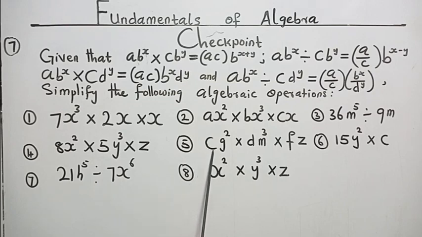And number 5, we have cg to the power 2 times dm to the power 3 times fz. Then number 6, 15y to the power 2 times c. Number 7, 21h to the power 5 divided by 7x to the power 6. Number 8, that's the last one, that is x to the power 2 times y to the power 3 times z. Of course, z is to the power 1.